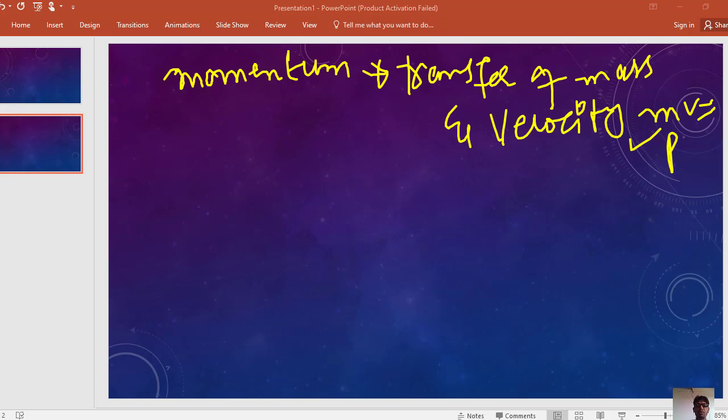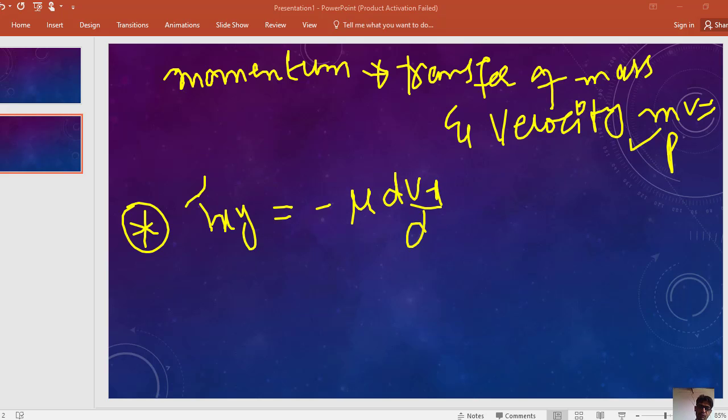So in momentum transport we are discussing transport of mass and velocity. The famous law for momentum transport is the Newton law of viscosity. The Newton law of viscosity is tau xy equals minus mu into dvx by dy.